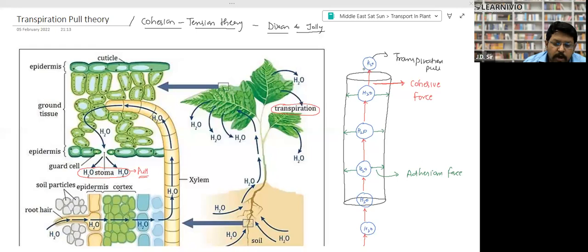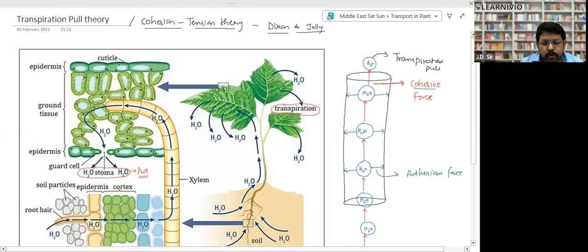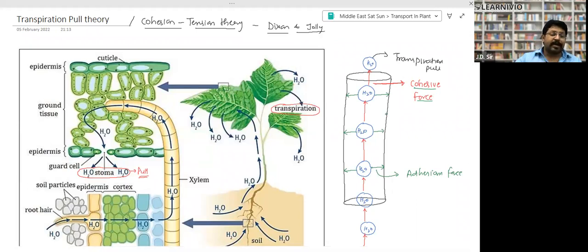The water molecules attract each other with the help of a force of attraction. This is called cohesive force. A water molecule attracts another water molecule with the help of this force, right?